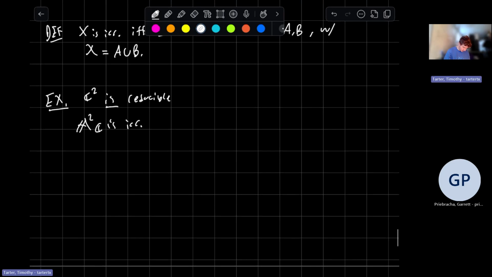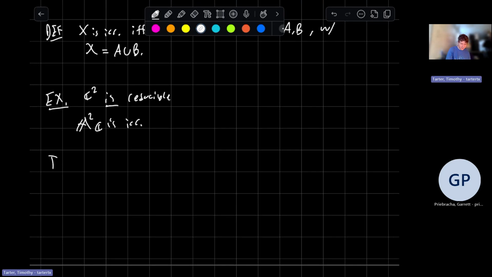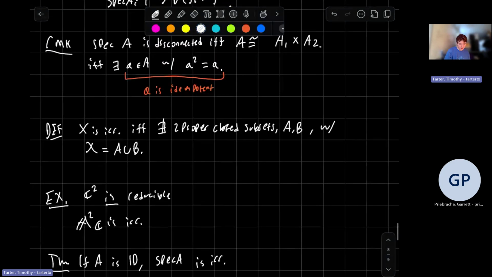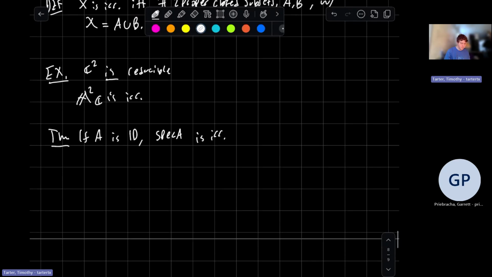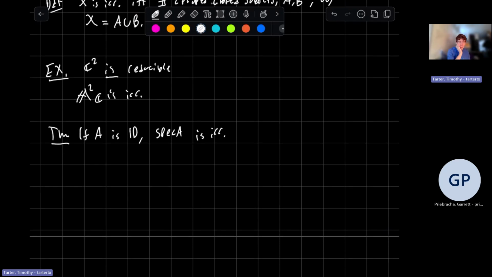Okay, so then as a theorem, if A is an integral domain, then spec A is irreducible. And basically, if it's an integral domain, we have no zero divisors.